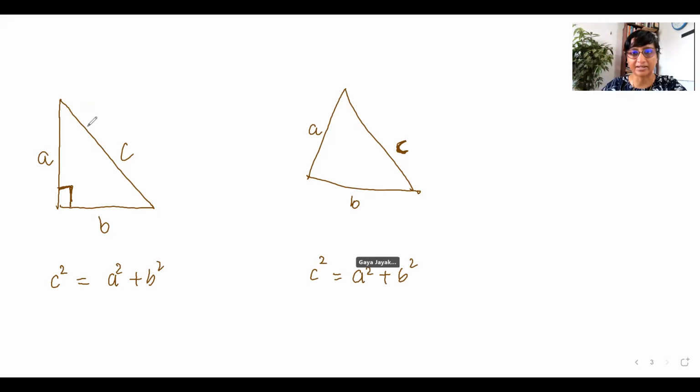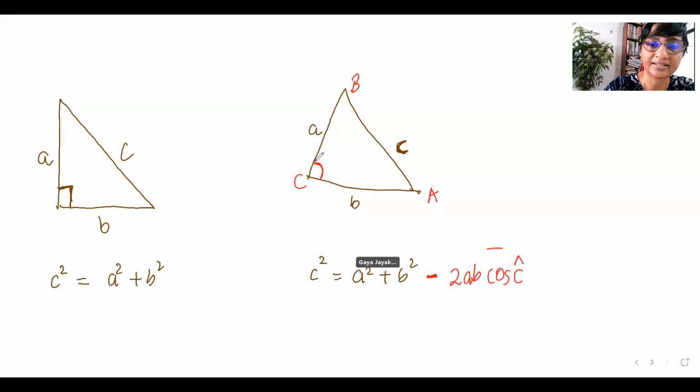For any other triangle, any side squared is equal to the sum of the squares of the other two sides, and there is another additional term: minus 2 times A and B multiplied, and cos of angle C. This is A, this is B, this is C. If you are finding side C, angle C should come here.